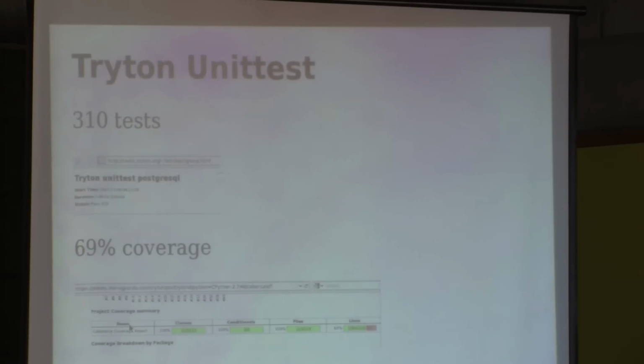For Tryton, we have 300 tests. Sorry. These tests are run on each kind of database. So we have Postgres, MySQL, and SQLite running every night if there are commits in the branch.